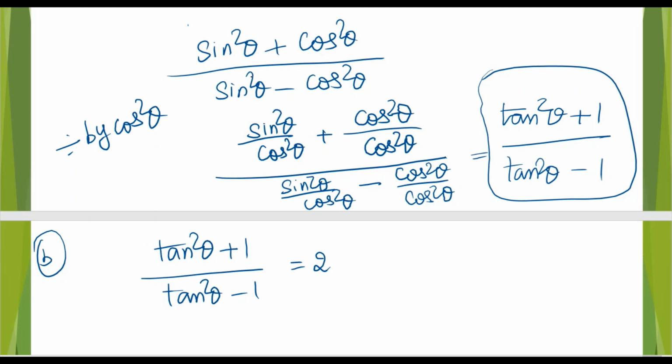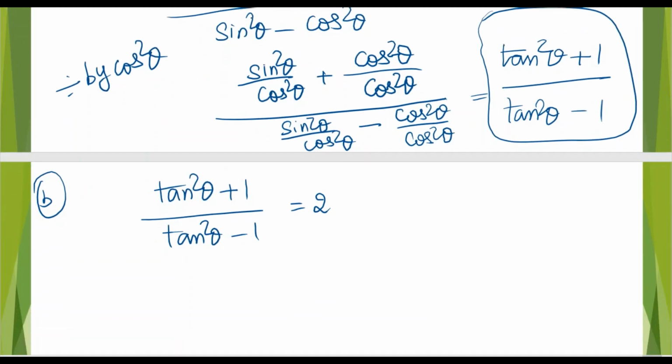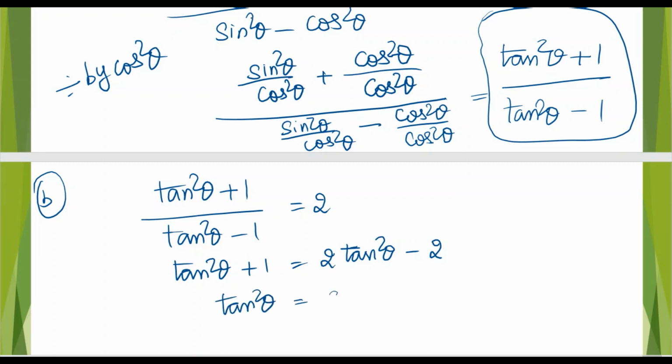Now cross multiply this one. So you will get tan square theta plus 1 equal to 2 tan square theta minus 2. Now bring all the tan square theta into one side and the numbers into the other side. So you will get tan square theta equal to 3.